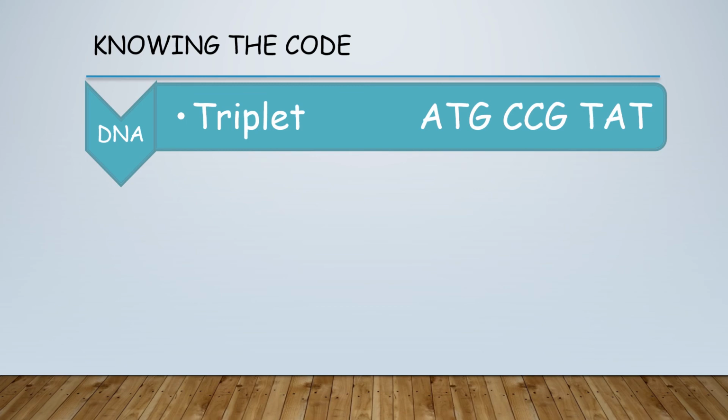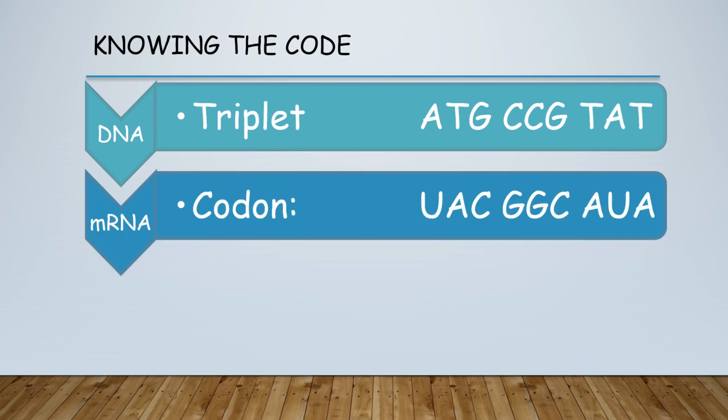But it has to go through a couple of steps first. The first of those steps is being transcribed into mRNA. On mRNA, 3 bases is referred to as a codon, each of those codons being complementary to the triplet. So I've got UAC, GGC, AUA. I'm putting a U where I see an A, an A where I see a T, a C where I see a G, and a G where I see a C, as you can see from those triplets and codons together.